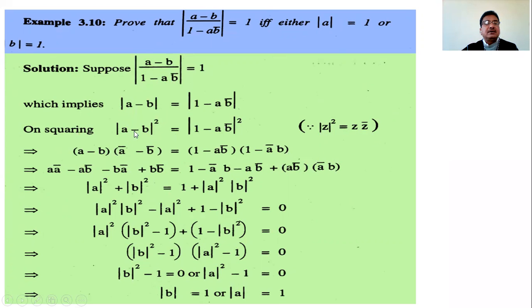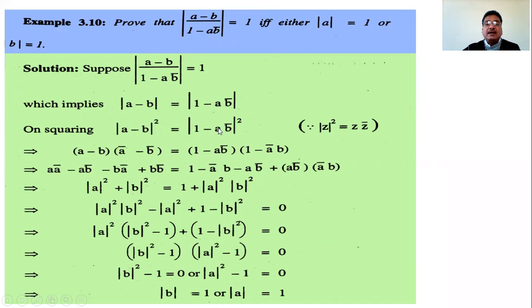So this is (A minus B) into (A minus B) bar, and similarly here the rule: 1 minus AB bar is 1 minus its bar, total bar. And what is the bar of 1 minus AB bar? 1 bar is 1, and A bar, B bar is B.